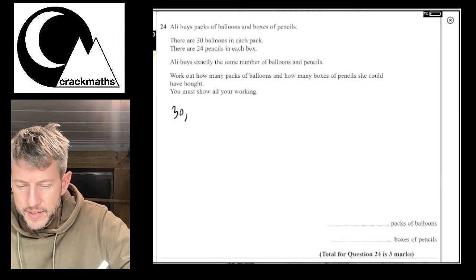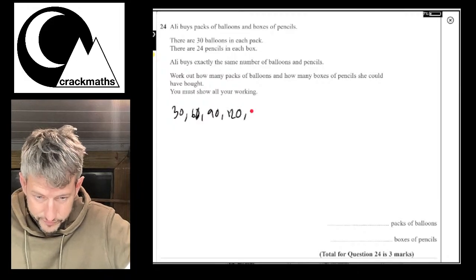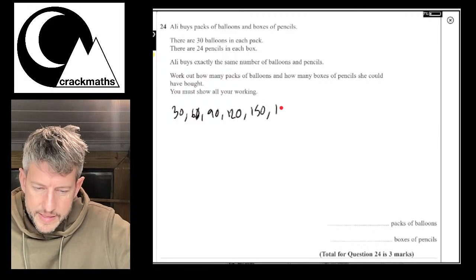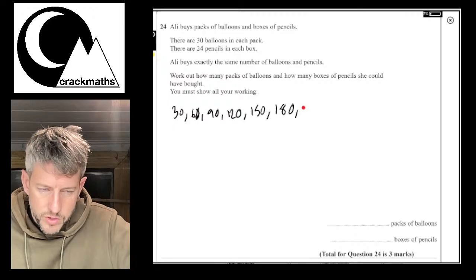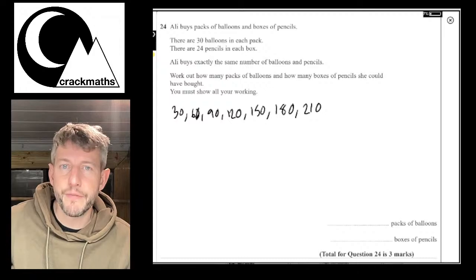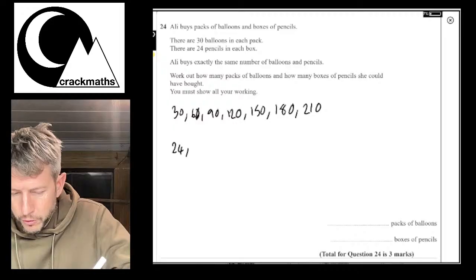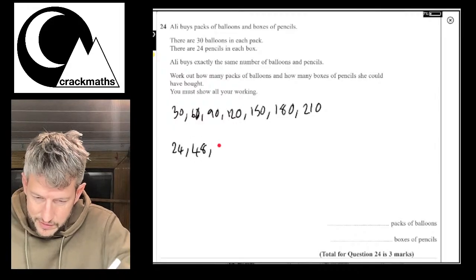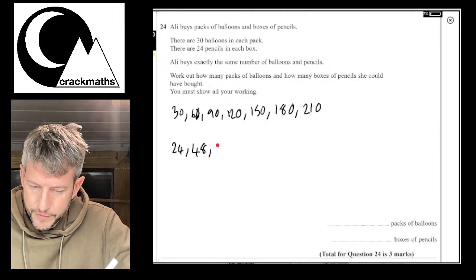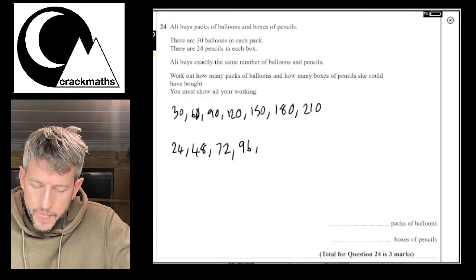So if you had 30, 60, 90, 120, 150, 180, 210. These are the number of balloons you're going to have if you're buying balloons in bags of 30. If we're buying pencils in boxes of 24, we're going to have 24, 48, 72, 96, 120.